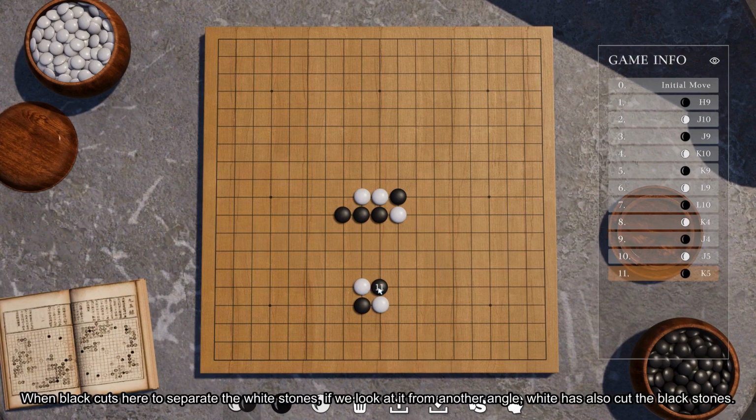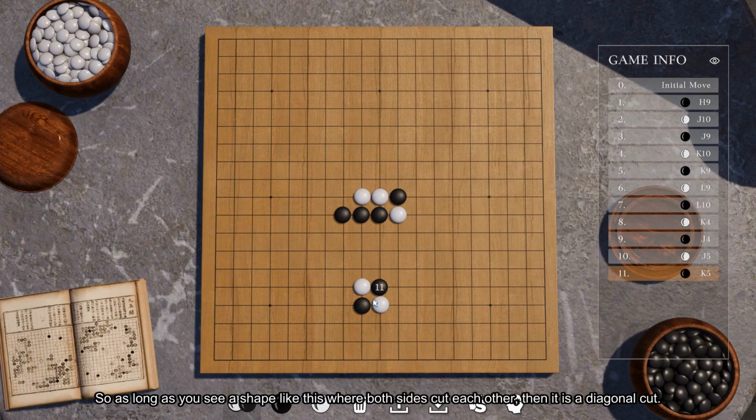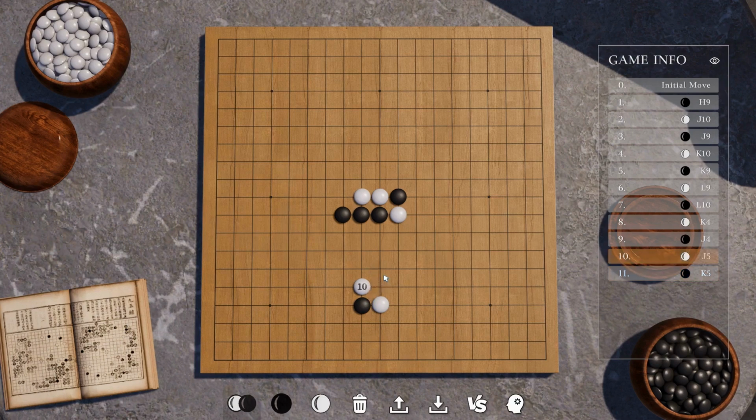When black cuts here to separate the white stones, if we look at it from another angle, white has also cut the black stones. So, as long as you see a shape like this, where both sides cut each other, then it is a diagonal cut. Now let's take a look at what a straight cut is.